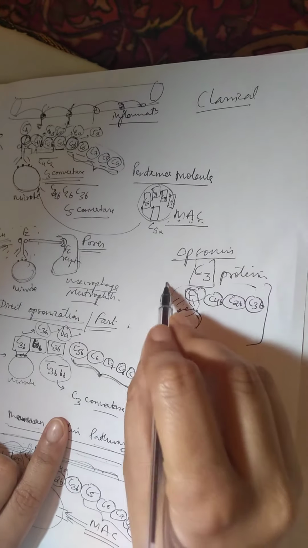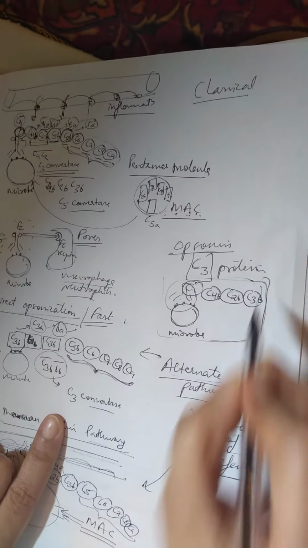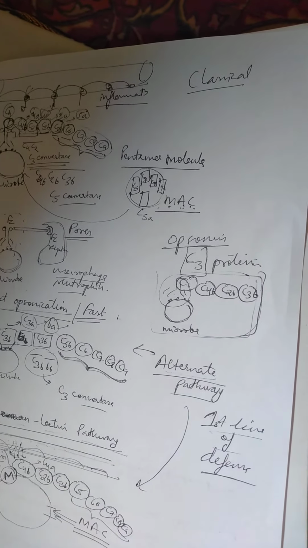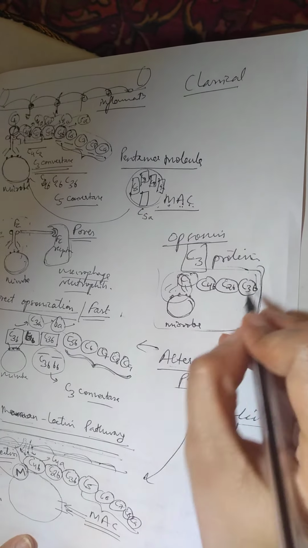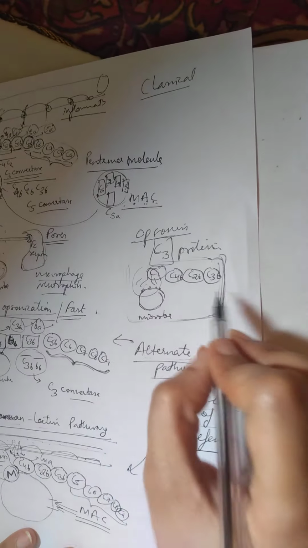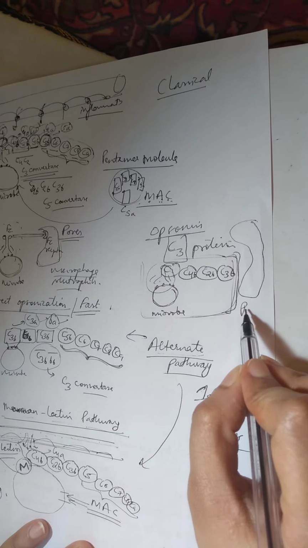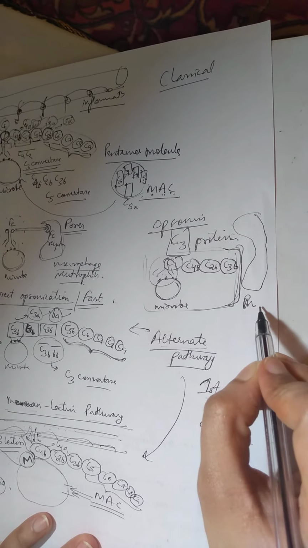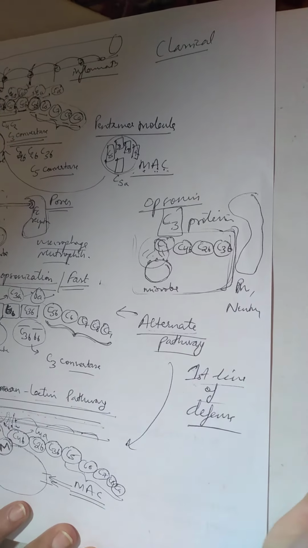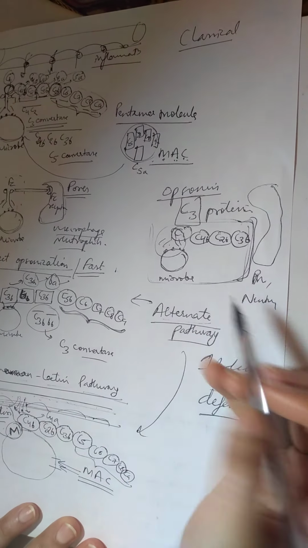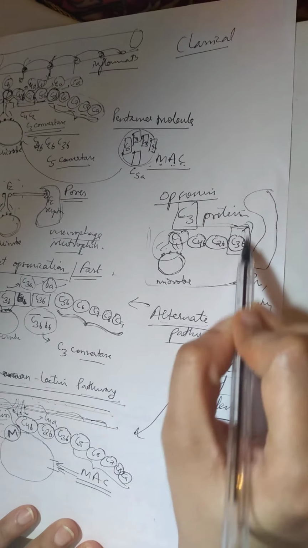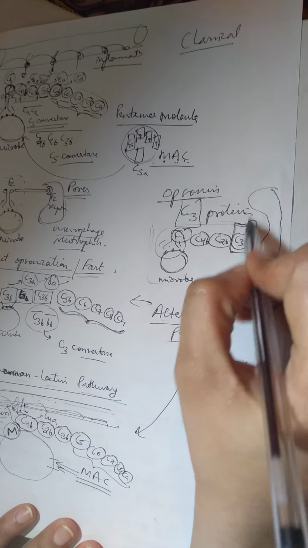So this initial pathway is now behaving as the complex which has to be presented to the phagocytic cell, for example the macrophages or the neutrophils. So now we can say that this C3 is basically the opsonin.